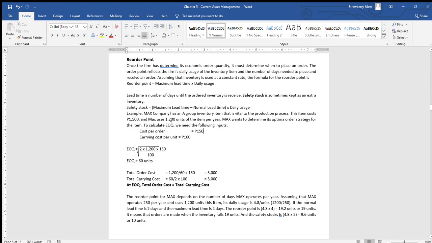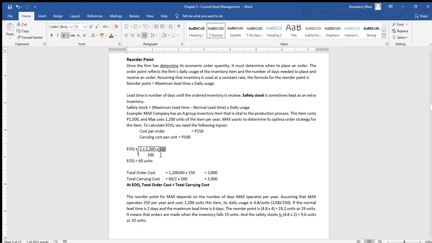So in order to compute for the EOQ, we need first the cost per order tapos carrying cost per unit. Okay. So kung yung cost per order is 150 and the carrying cost per unit is 100, then EOQ is computed as the square root of 2, that is a constant, multiplied by 1,200, which is the quantity needed for the whole year, multiplied by the cost per order, which is 150.